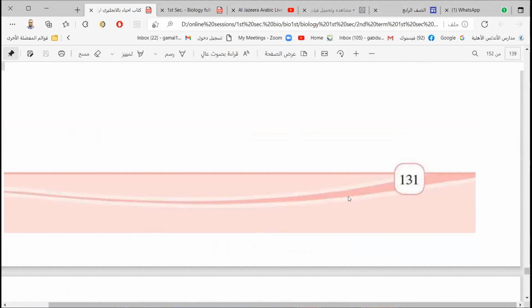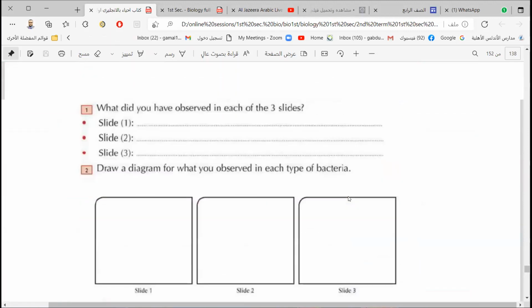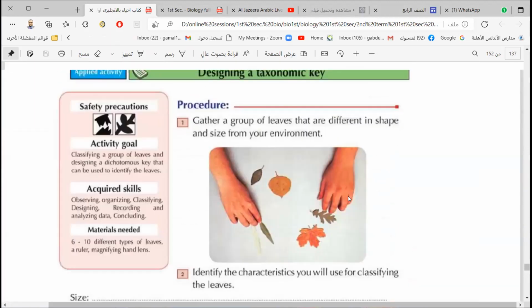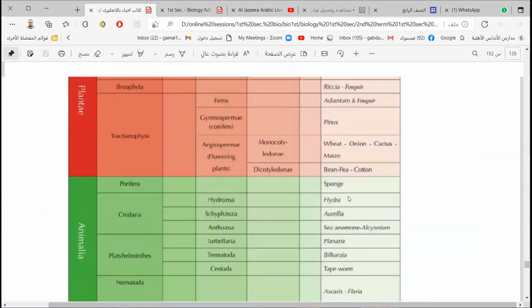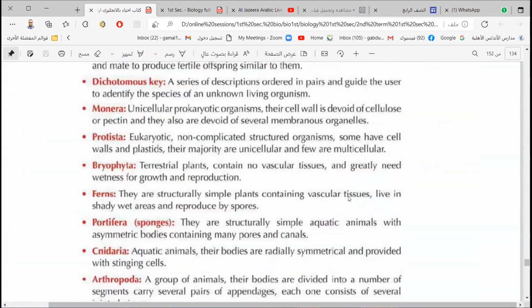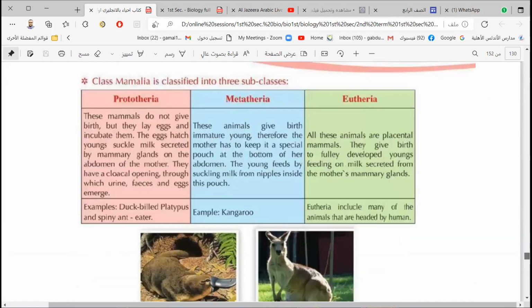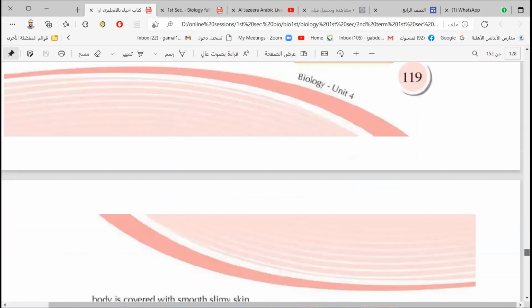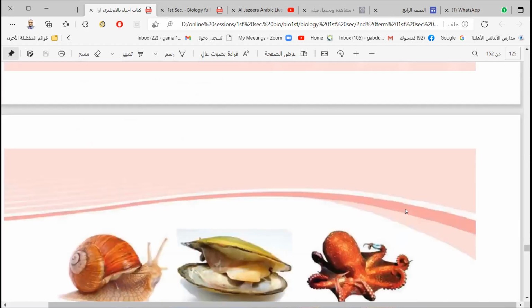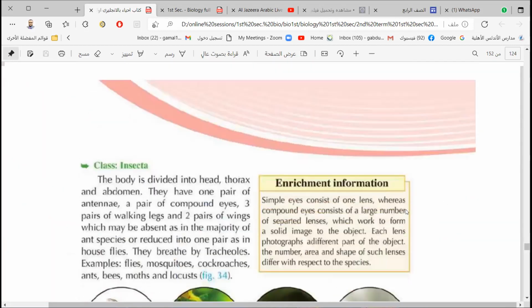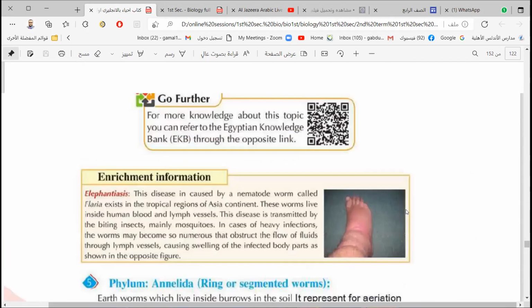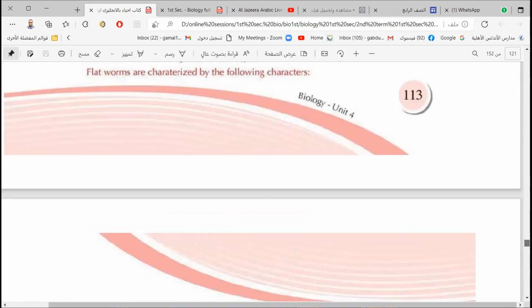Of course, we have to remember the characteristics of monocotyledon, like maize or corn plant or wheat plant. This is a very important part of the classification, comparing between monocotyledon and dicotyledon.